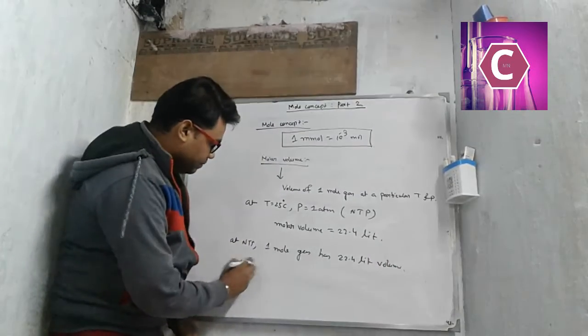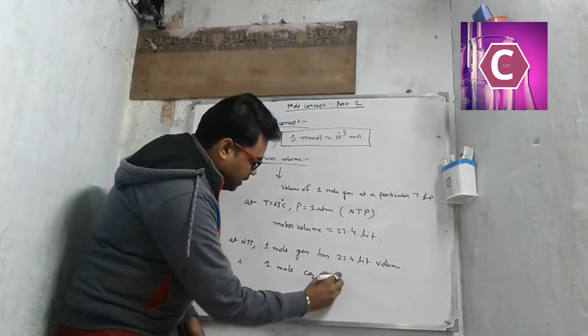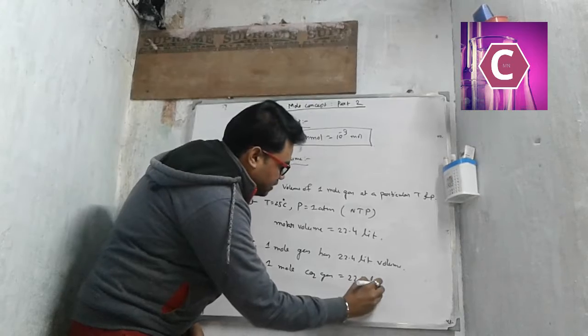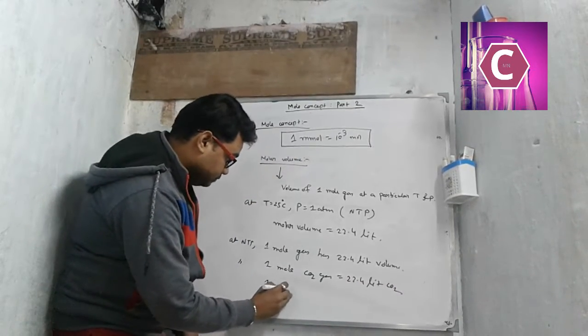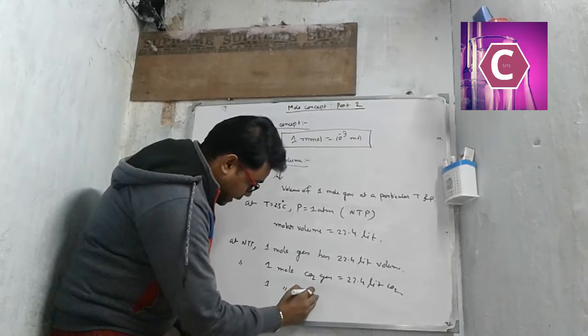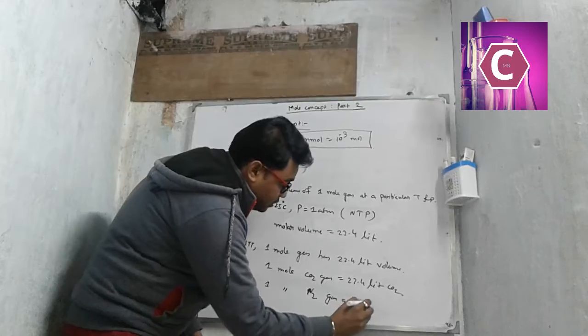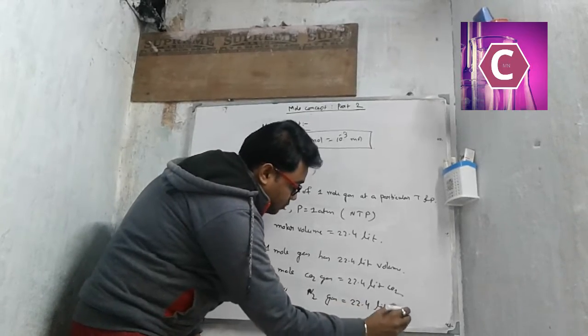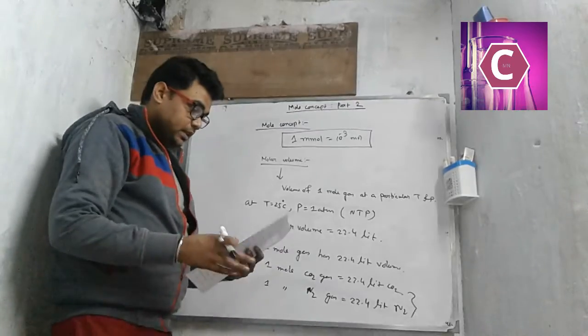For example, at NTP, 1 mole of CO2 gas is equal to 22.4 liter of CO2, and 1 mole of N2 gas has 22.4 liter. That means the volume is the same if the mole number is the same.